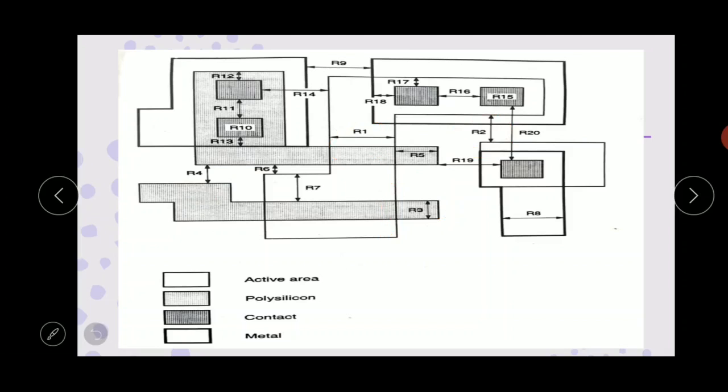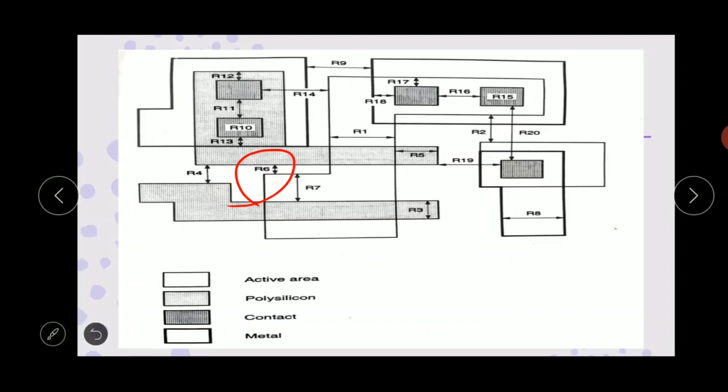Then R6. Where is the R6? This one, the R6, is the minimum poly-active edge spacing, that is 1 lambda.